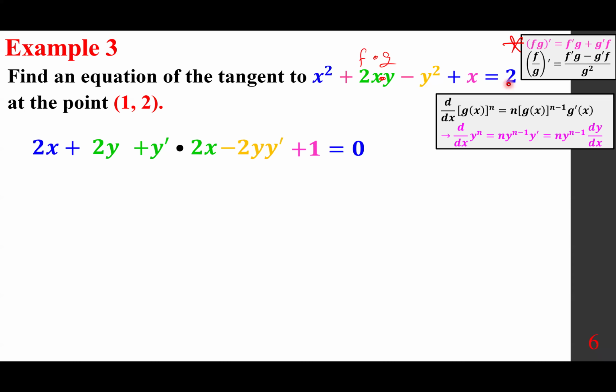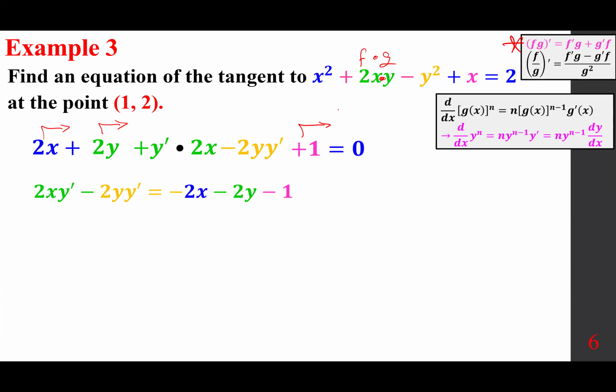So let's simplify. Let's solve for y prime. So to do so, we are going to keep anything involving y prime here. So we're going to keep this as 2x y prime. We're going to keep this as 2y y prime, and this moves, becomes negative, this moves, becomes negative, this moves, becomes negative.